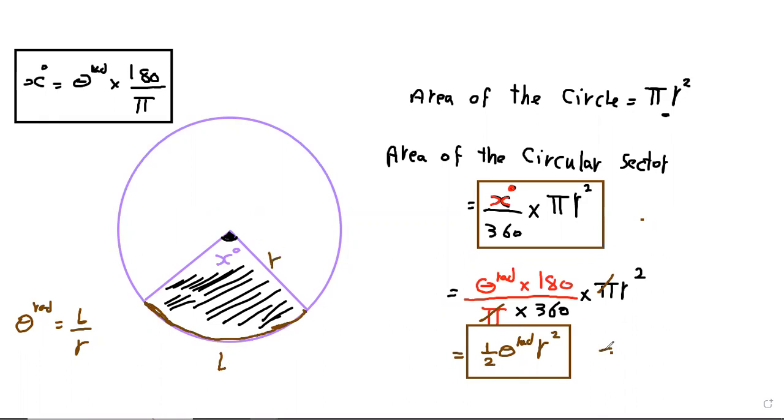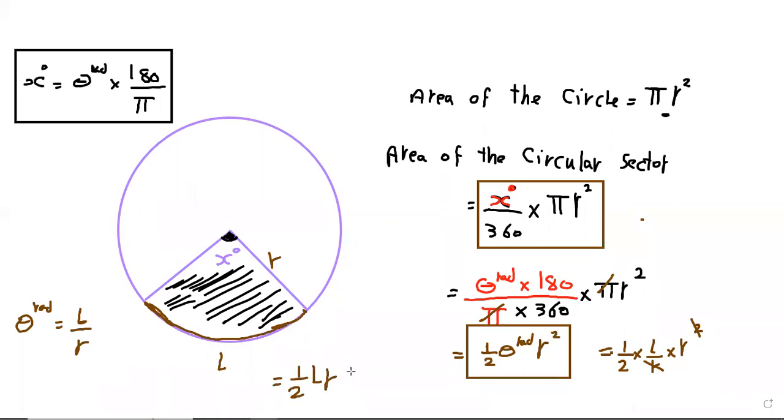So we can substitute it: one over 2, instead of theta radian we write L over R, multiplied by R squared. Cancel R, and R squared is R multiplied by R, so we cancel one of them. We end up with half L R.